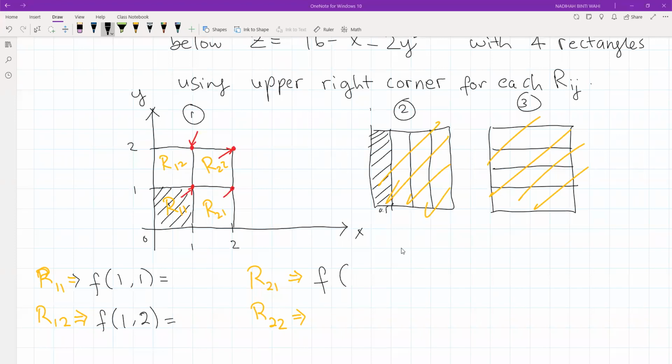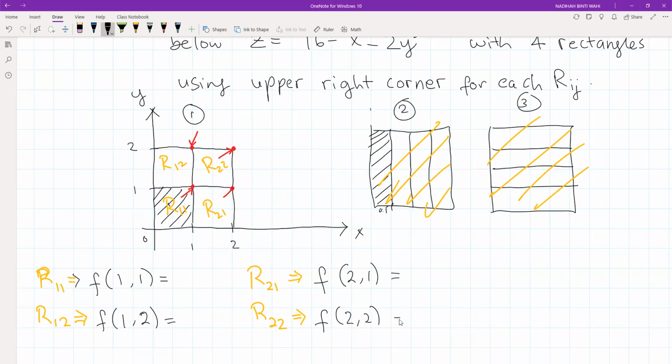Rectangle 2, 1. Koordinat dia apa? F21. 2, 1, yes. Dia benda yang sama. 2, 1. And then F for 2, 2 is just 2, 2 as well.